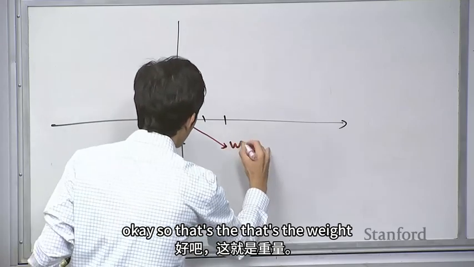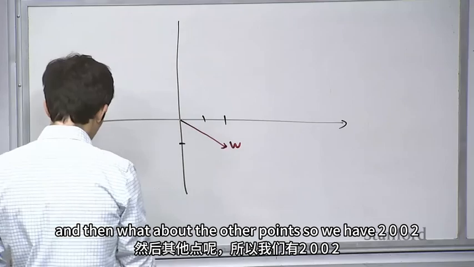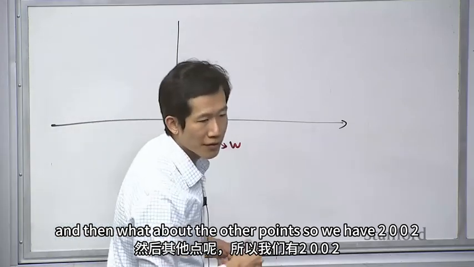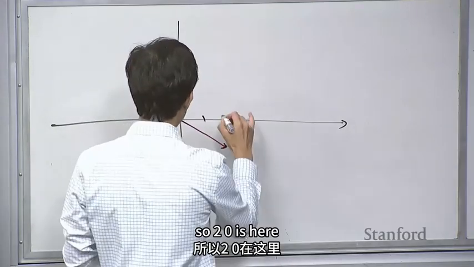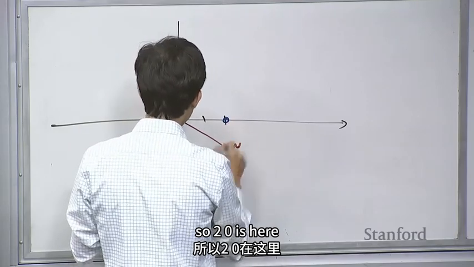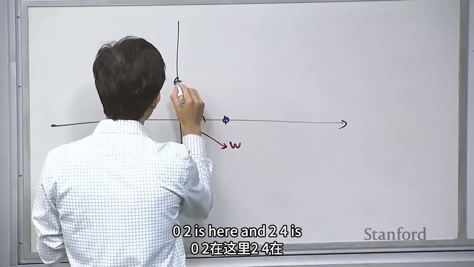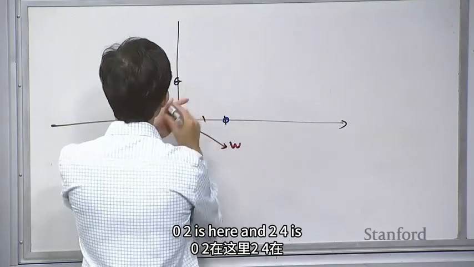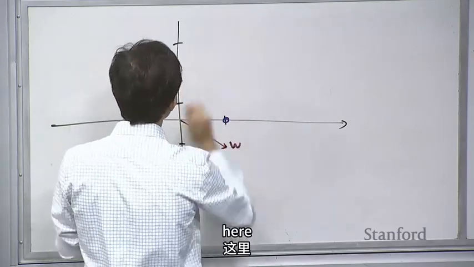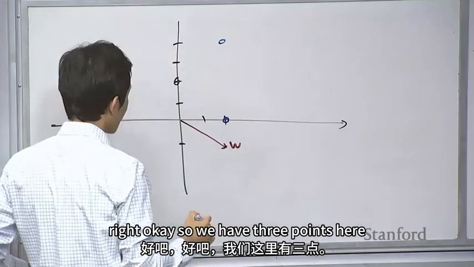Okay, so that's the weight. And then what about the other points? So we have [2, 0], [0, 2], and [2, 4]. So [2, 0] is here. [0, 2] is here. And [2, 4] is here. Okay, so we have 3 points here.